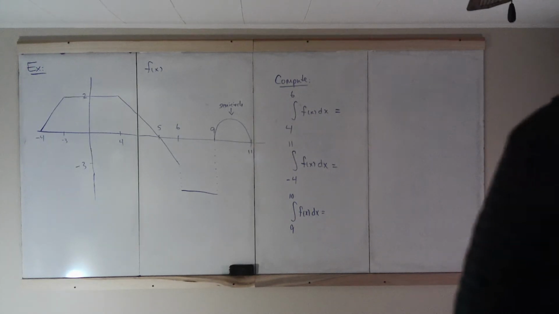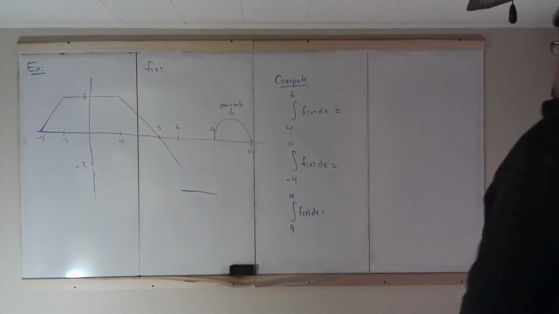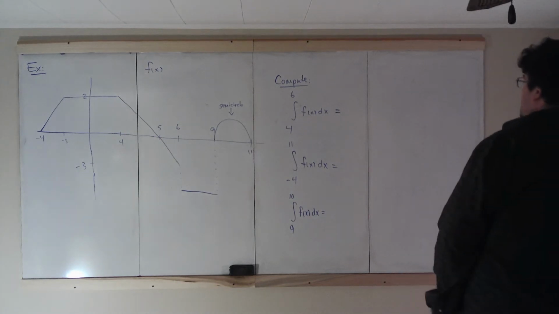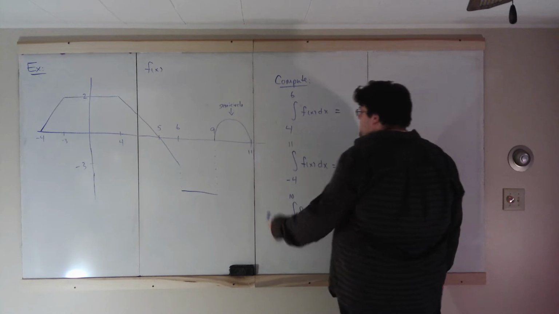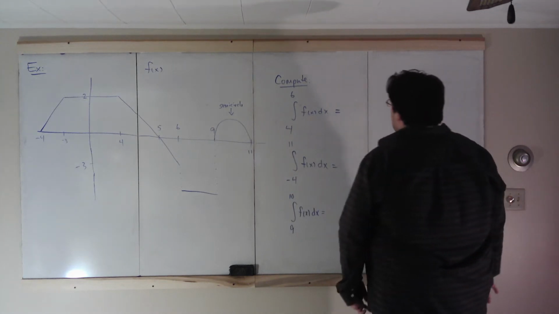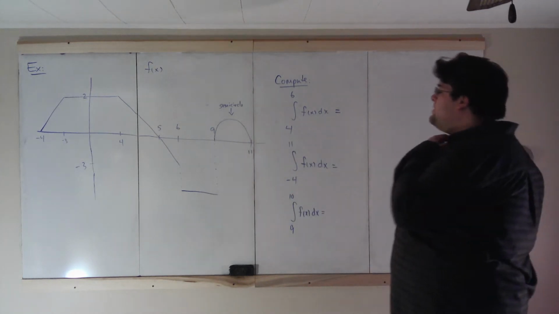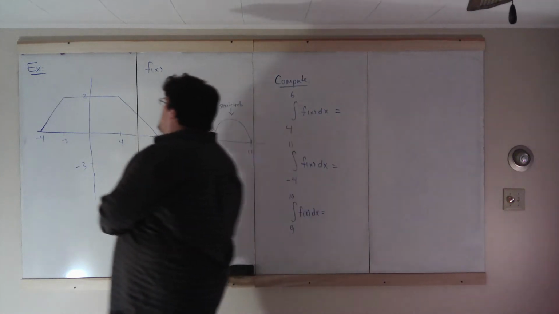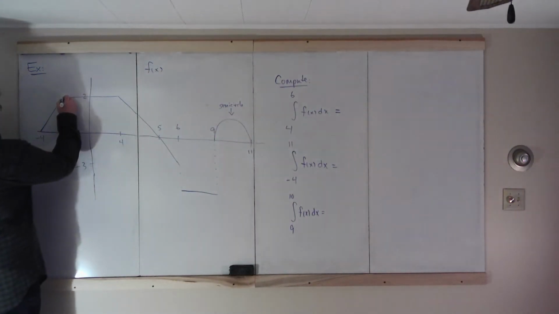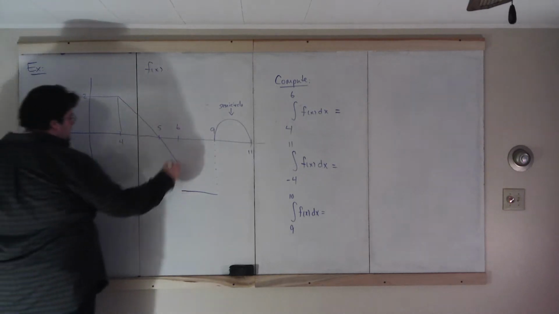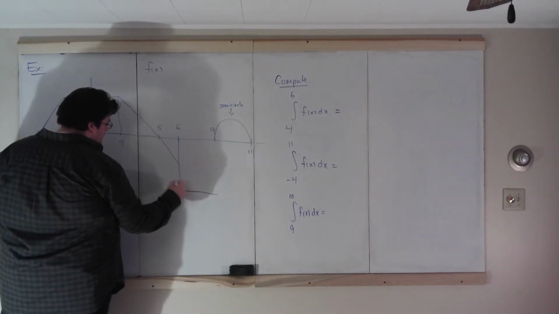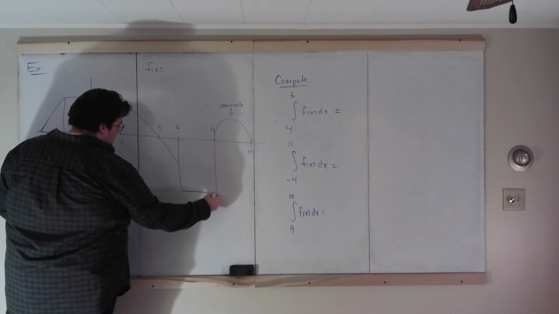So for this function, we're going to compute 3 integrals. The integral from 4 to 6, the integral from -4 to 11, and the integral from 9 to 10. But before even doing that, I'm going to just fill in these areas. I'm going to do it by breaking this function into rectangles and triangles.